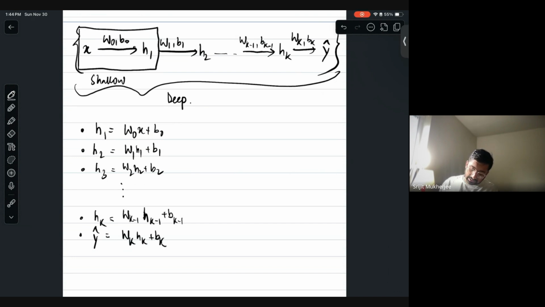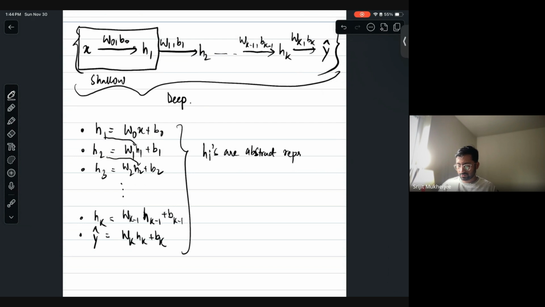So you see this X is not used after the first layer, this H1 is used. So these Hs are abstract representations.